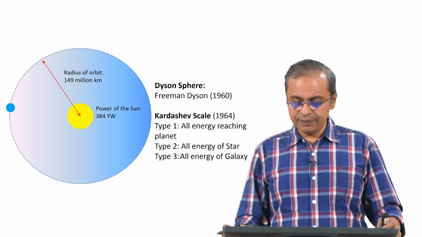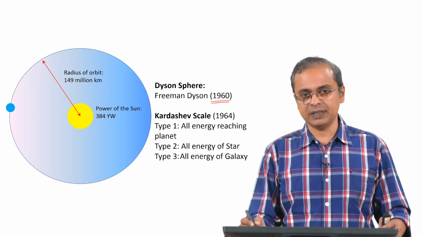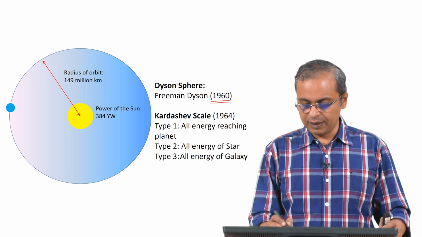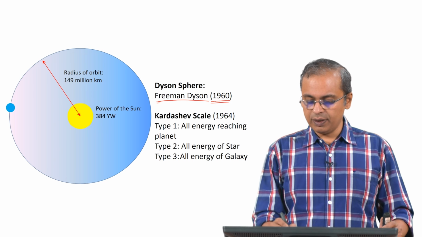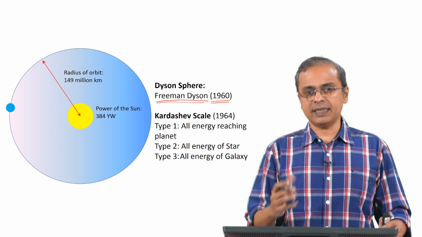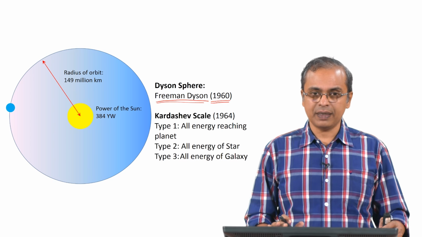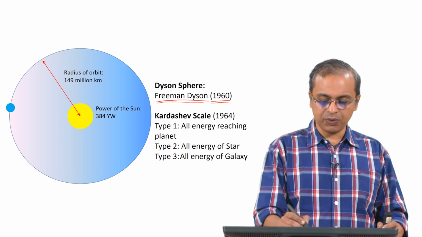So, you can see here in the 1960s there was a physicist, an Englishman who lived in the US, his name was Freeman Dyson. He suggested that if it were possible to construct a sphere the size of the earth's orbit, then you can capture all the energy that is coming towards the earth's orbit.